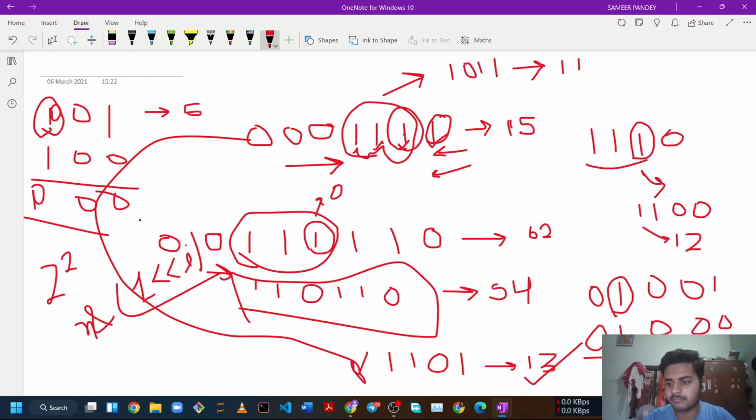This is 1 0 1 0 0 0 0 0 0 1 1 0. So what happened here? Suppose here also a 1 is involved, then this becomes 1. So what happened? Only the bit which we want to unset is going to change. The rest are the same. So I'm going to take the XOR with 1 shifted by, which means 2 to the power of that particular position number.